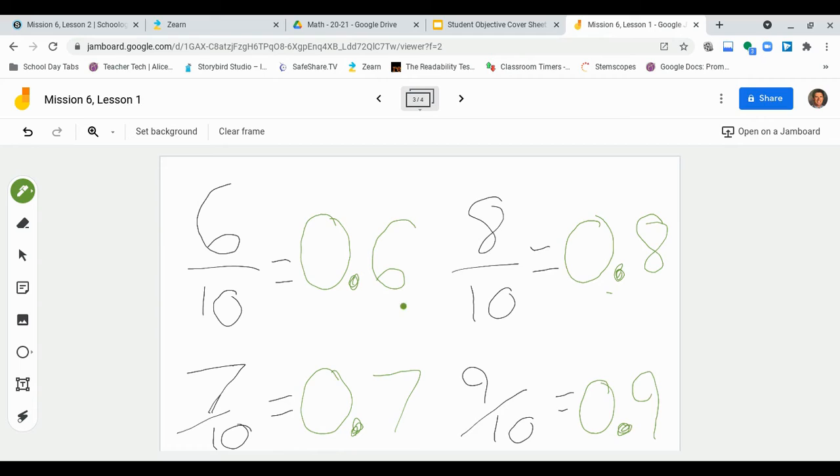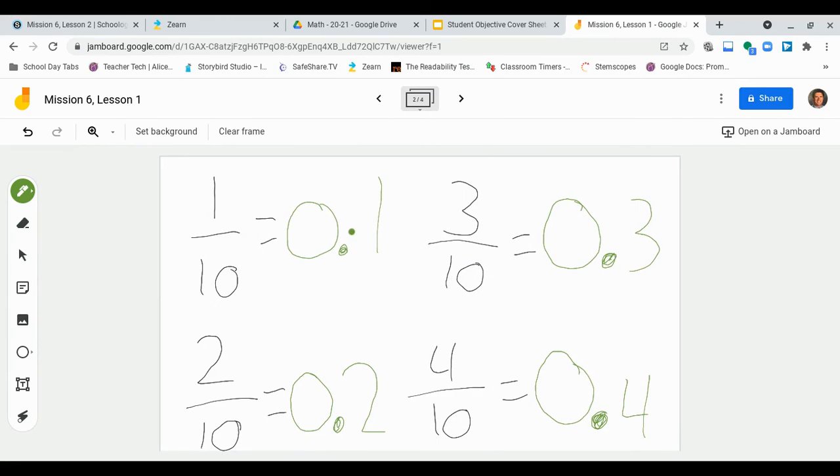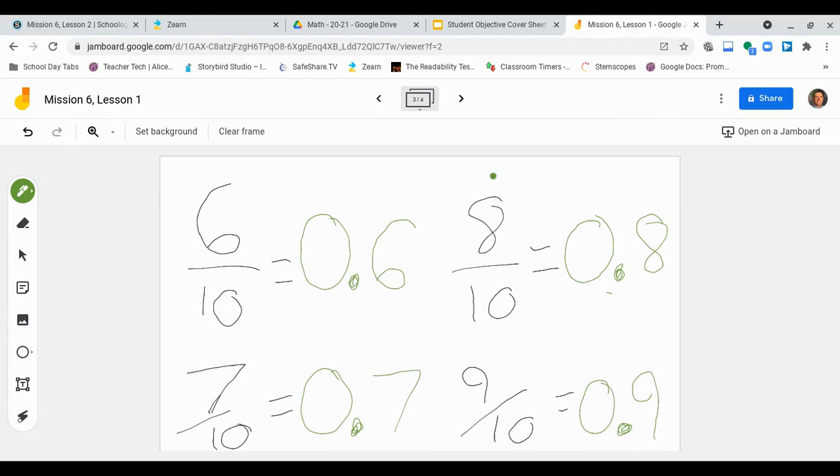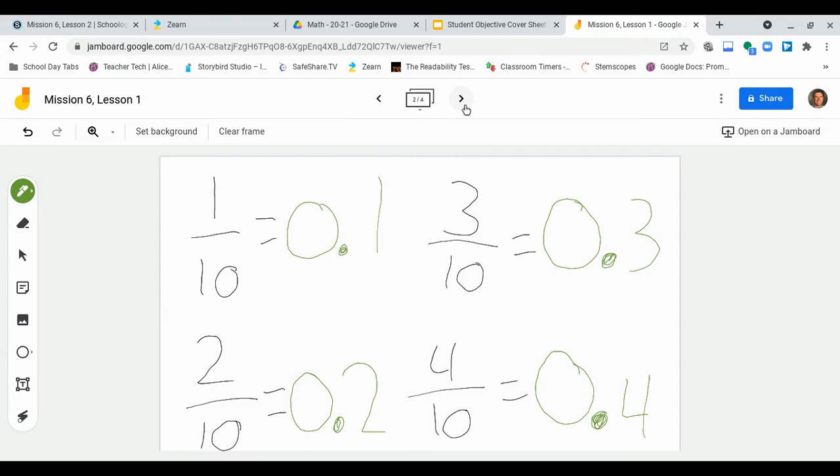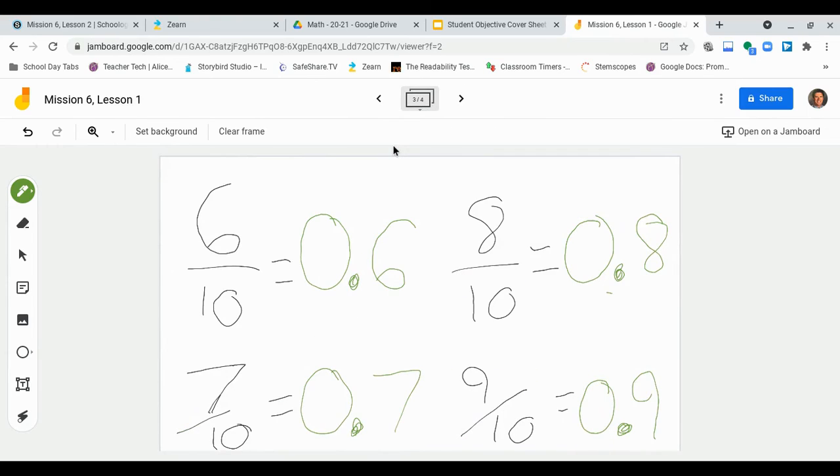So this first place to the right is the tenths place. Whatever tenth it is, you just write it in that first place. You can see 1/10 looks like that, 2/10 like that, 3/10, 4/10, 6/10. I skipped 5/10. But what would 5/10 look like? It would be 0 decimal 5, and so on and so forth.